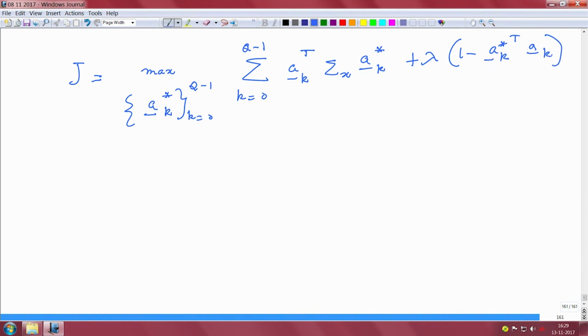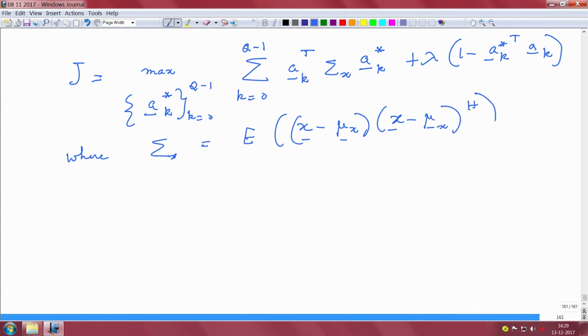This is now easy for us, where sigma x is the expectation of (x minus mu x) times (x minus mu x) Hermitian. This is straightforward.